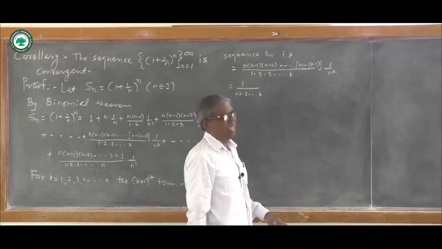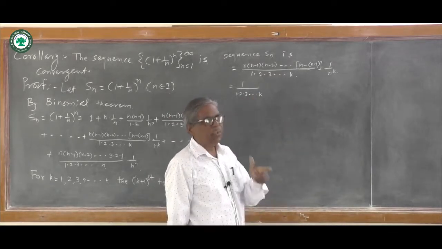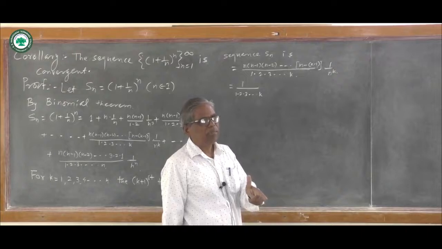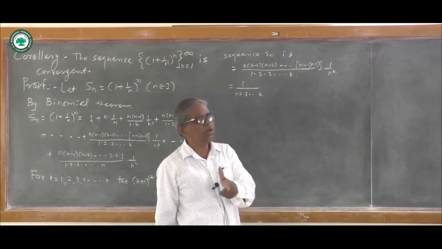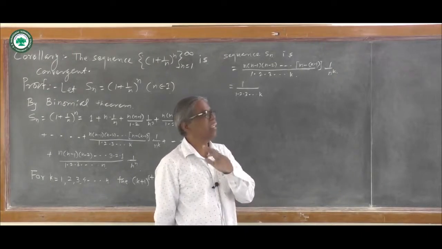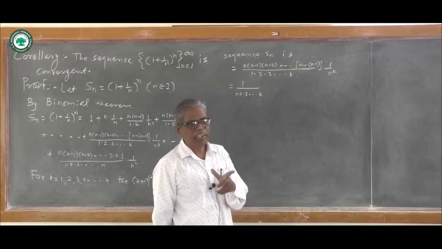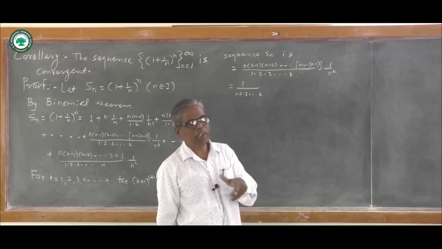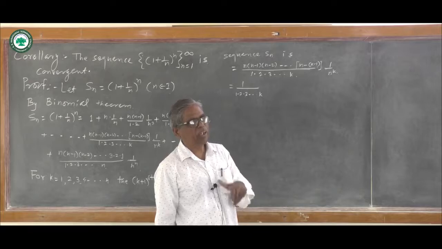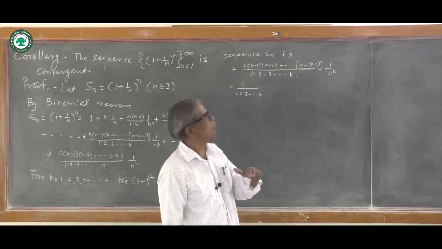N raised to k is n into n and so on, n k times, since n into n is n square, n into n into n is n cube, n into n into n into n is n raised to 4.